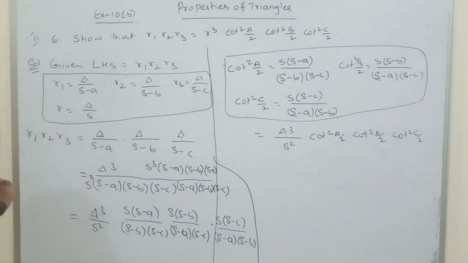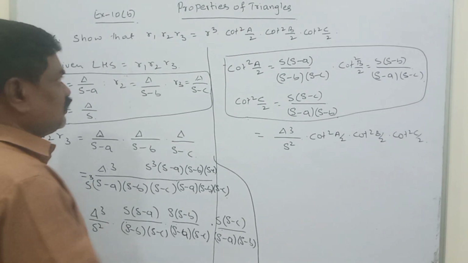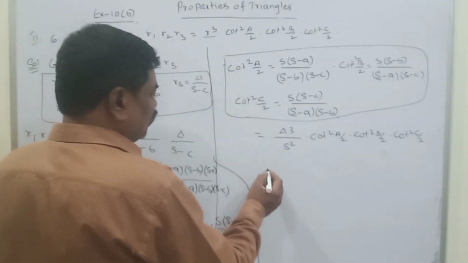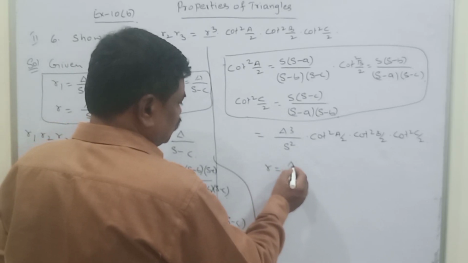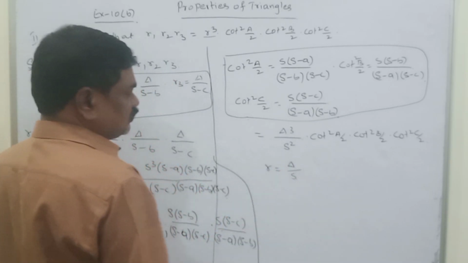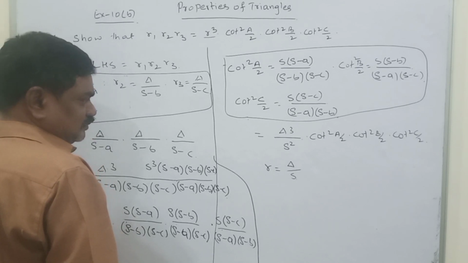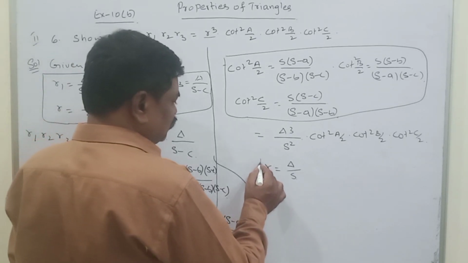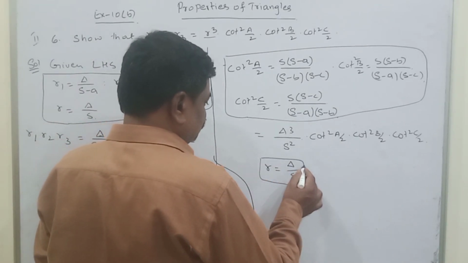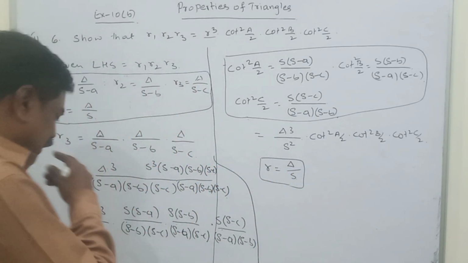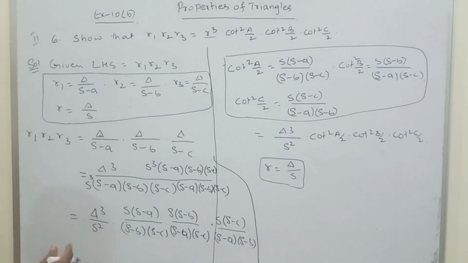Okay, all of you. But what is delta cube? Sorry, what is R cube? R is equal to delta by S. Then you have to write this as S cube is there.